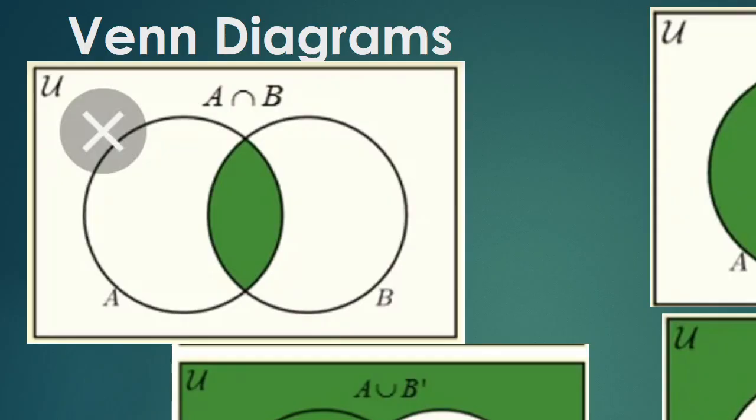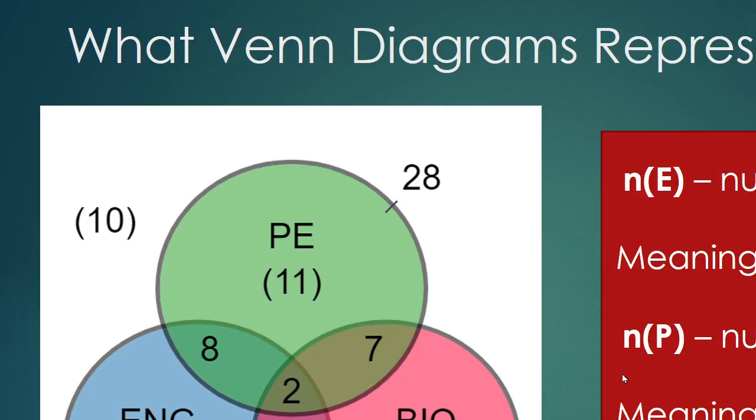But in other words, if we have A with this little apostrophe, it's called a complement. So for example, here A complement is all the students that don't like math, meaning these ones outside.